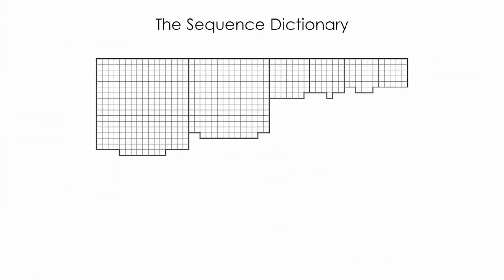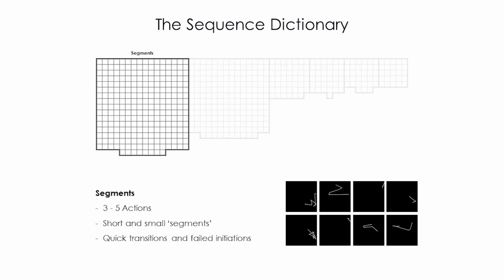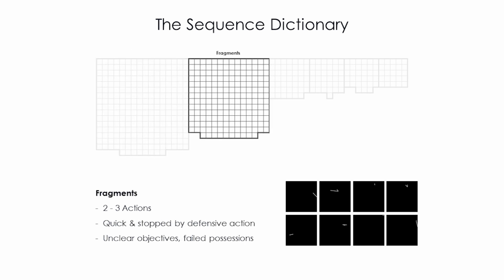So what I've basically done is rearrange the buckets into a more sensible format and created this sequence dictionary. Now we have six different categories: segments, which are small, short sequences of 3 to 5 actions, often transitions or maybe failed initiations. We have fragments, which are very short, 2 to 3 actions.